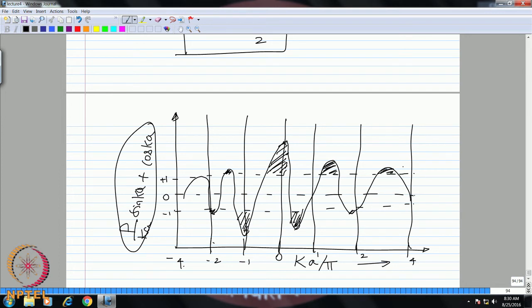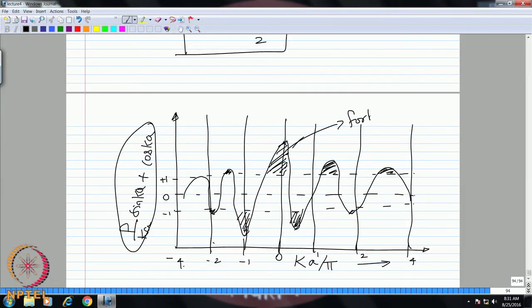Okay. Now, these regions are not possible because they are exceeding the right hand side values. So, these are called forbidden regions. You cannot have physical values of this function because they do not lie within this right hand side cos kappa A. So, they are not included in the final solution.